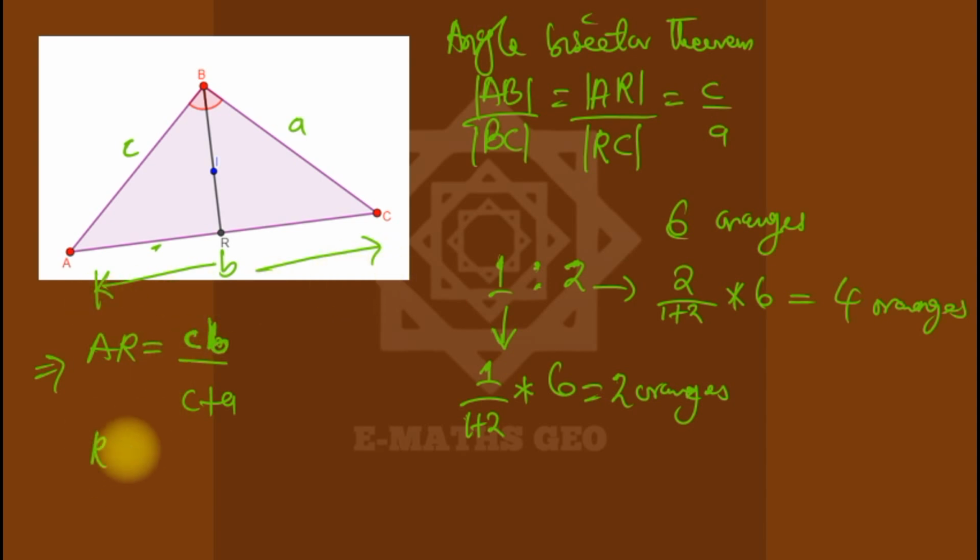Again, to get RC, the same logic gives A over C plus A times B. That's the logic. So let's go over here.